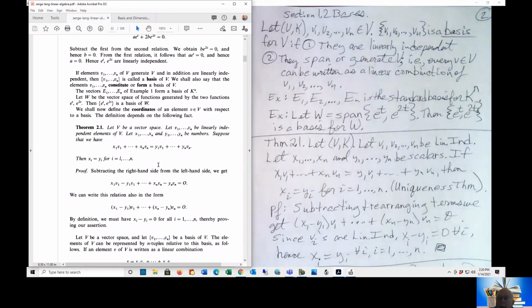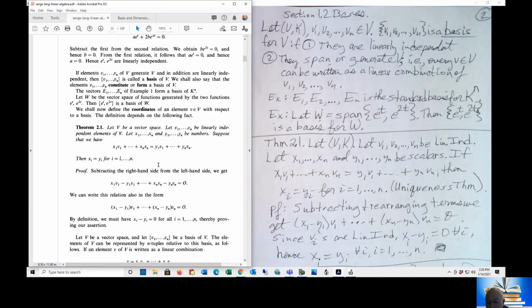Number one, they are linearly independent. And number two, they span or generate the vector space. That is, every vector v in V can be written as a linear combination of the basis vectors.